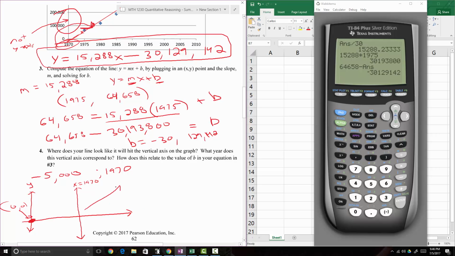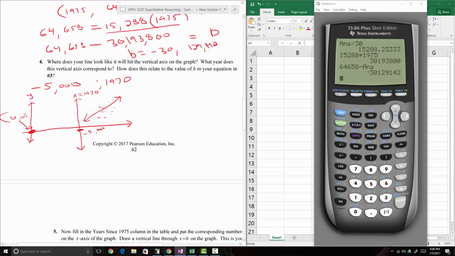So then I have my line with my data points. It looks like this might hit down here at about negative 5,000, which is what I was guessing. But that's not actually truly the y-axis.